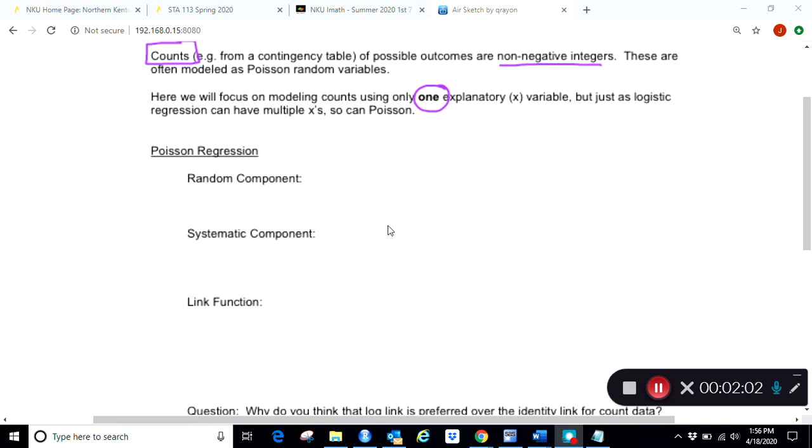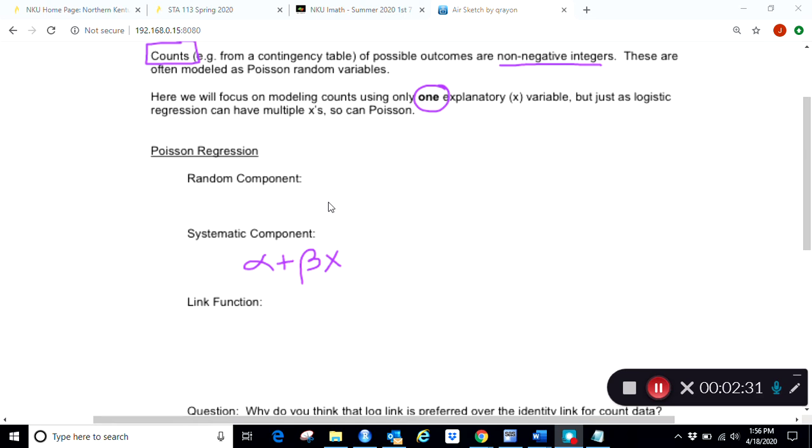I'm going to do the systematic component first because it's the same as before. It is just alpha plus beta times x. Alpha serves as our intercept, and beta serves as a slope-like measure. I say slope-like because, given the other two components, it may no longer be a linear regression that we're talking about here.